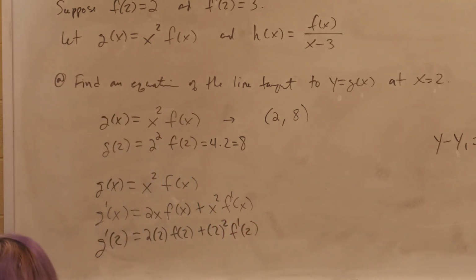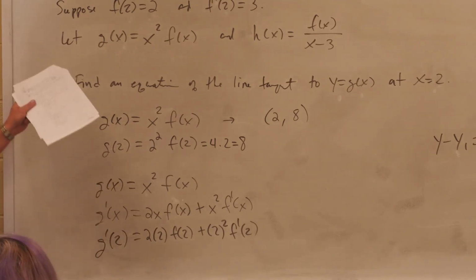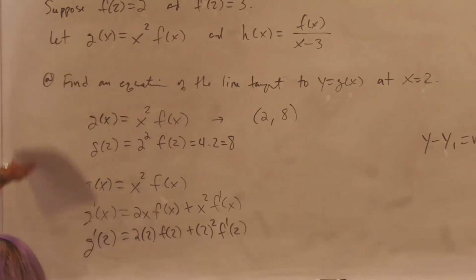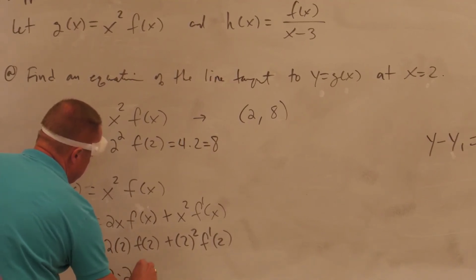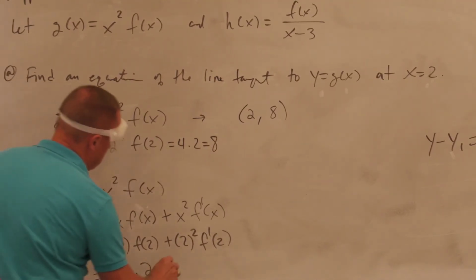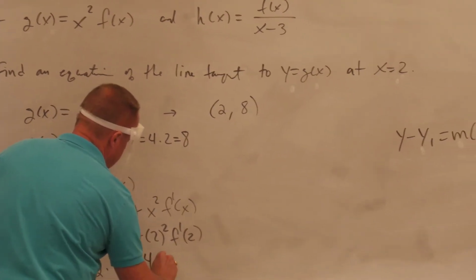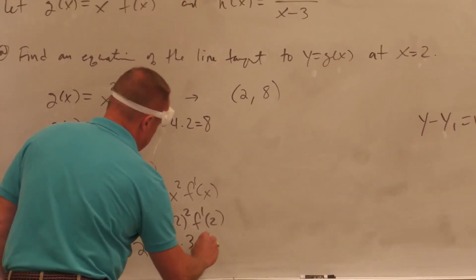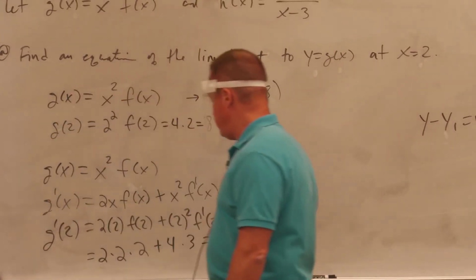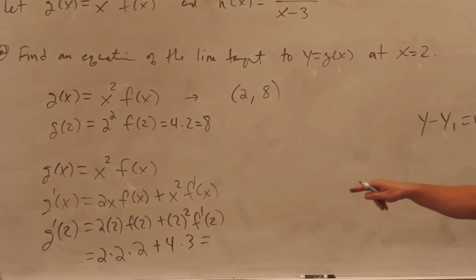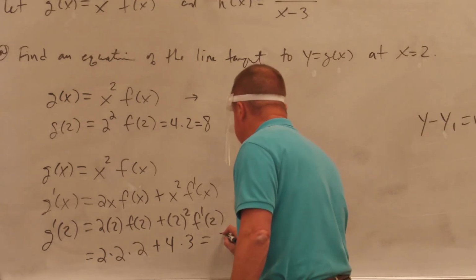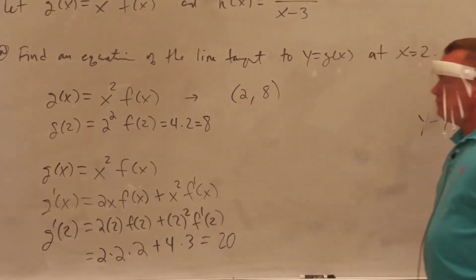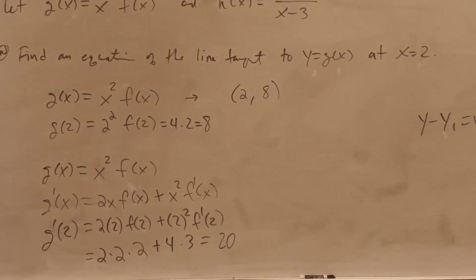All right? f at 2 is 2, f prime at 2 is 3. So I got 2 times 2 times 2 plus 4 times 3. So that would be 8 plus 12. That will give me a slope of 20. Okay, any questions about that?